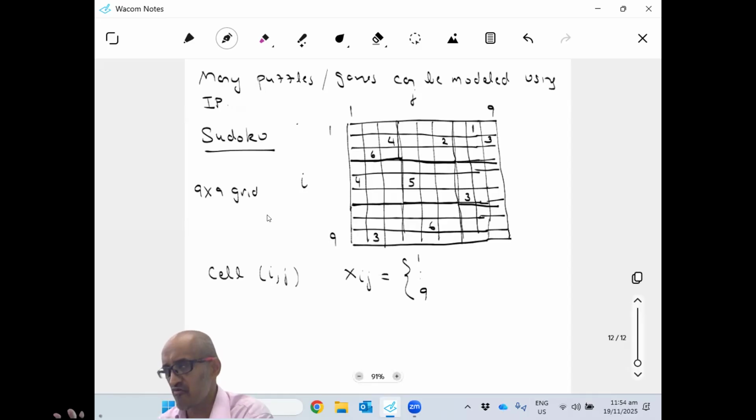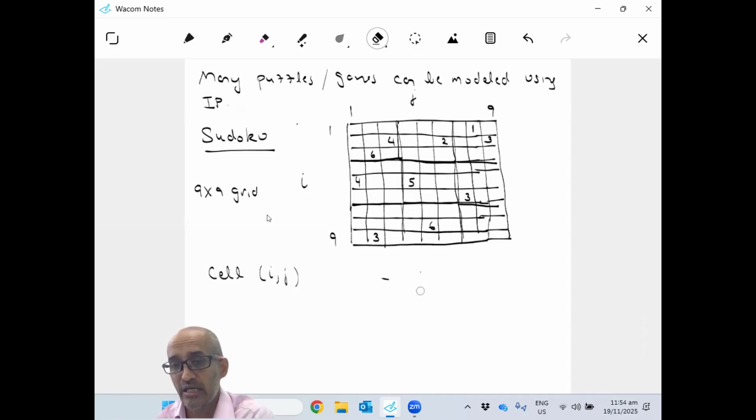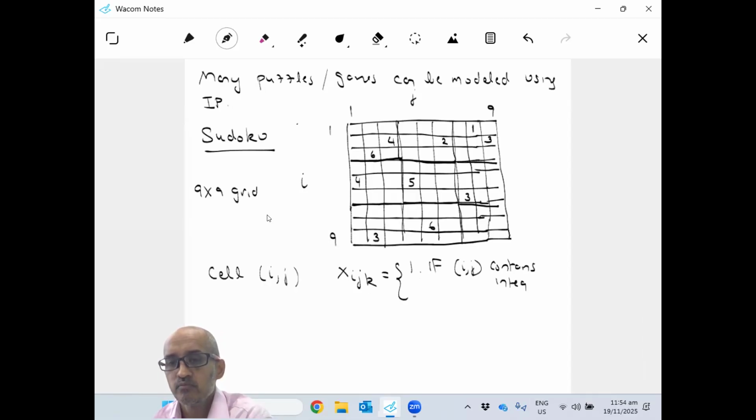It turns out you probably can write down a formulation with this, but a nicer variable to work with is of the following type. I will define my variable xijk. I'll give a third index, where I will let this be 1 if the cell i comma j contains integer k and 0 otherwise.